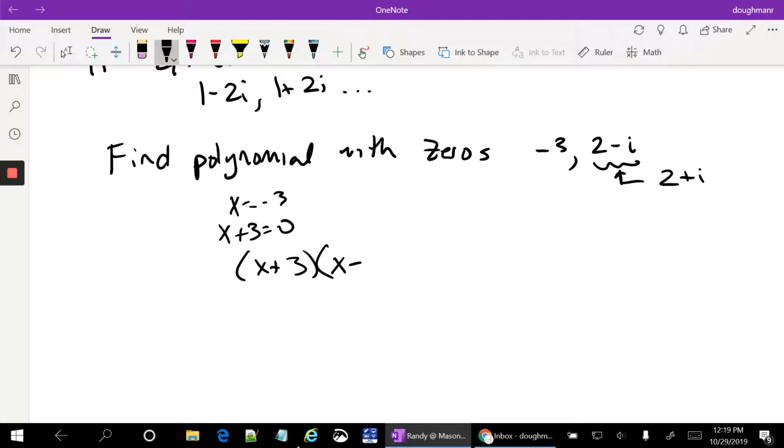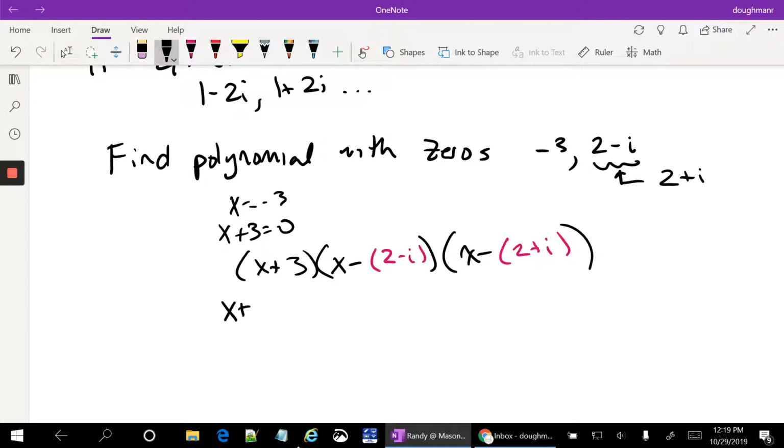So x plus 3 is a factor. And then x minus (2 minus i) is one factor, and x minus (2 plus i) is a factor. Let's just clean up these parentheses.